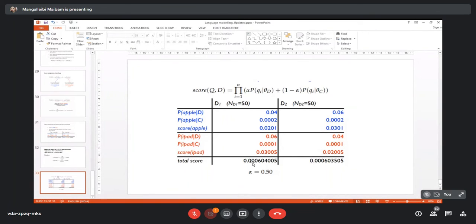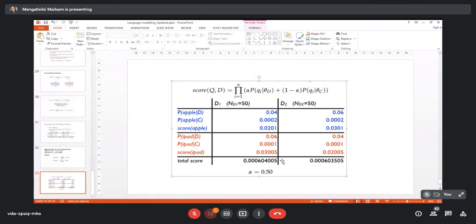After that, you just multiply the values and get the score for Apple and the score for iPad: 0.0201 into 0.03005, and here 0.0301 into 0.02005.